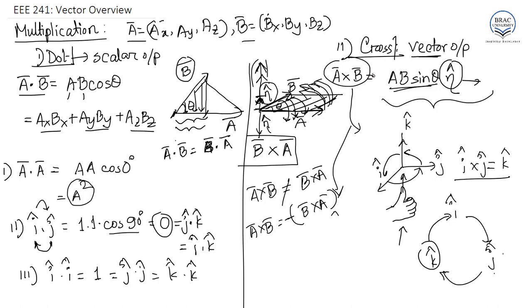But what if you alter the order? It's pretty simple. Whenever you perform j cross i, it should be minus i cross j, so it should be minus k. So whenever you are going against the direction of the arrow, you will get minus the third quantity. All right, so this is one way to keep these things in mind.